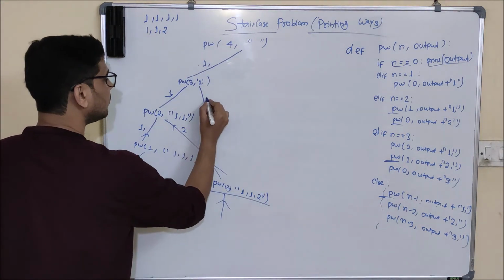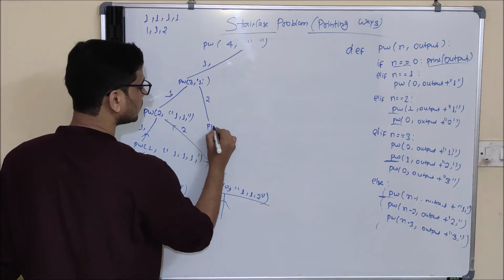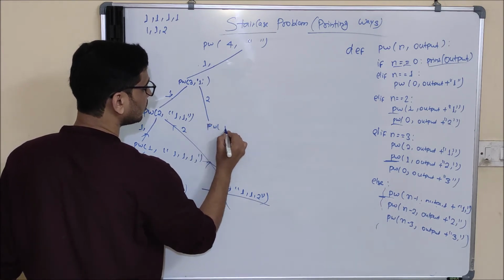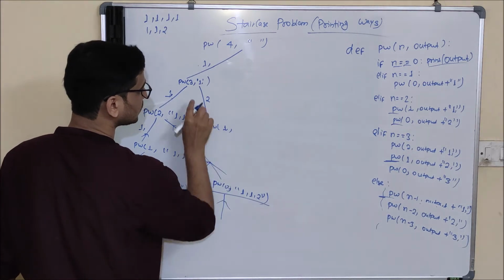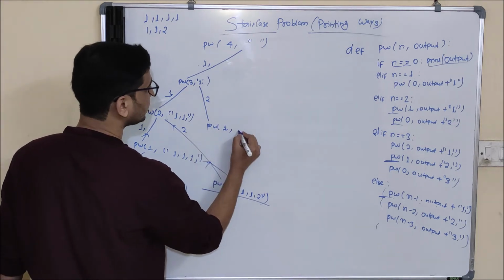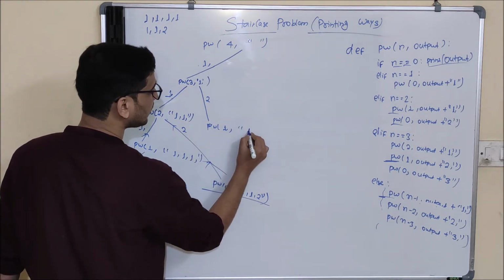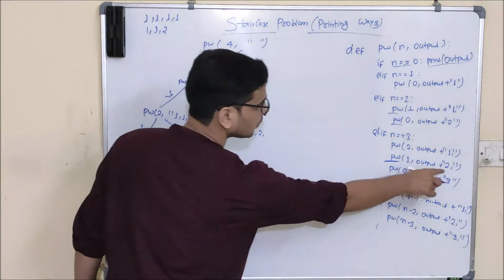That is, it will take a 2-step jump and make a function call to pw of 1. As I have taken a 2-step jump, the number of steps remaining will be 3 minus 2, that is 1, and in the output I will append 2, okay.